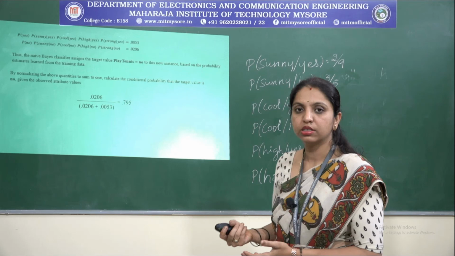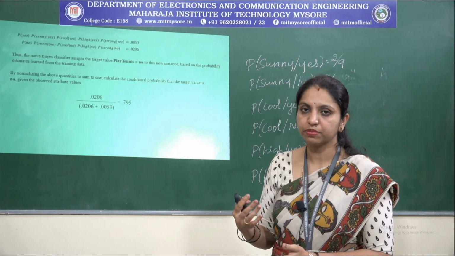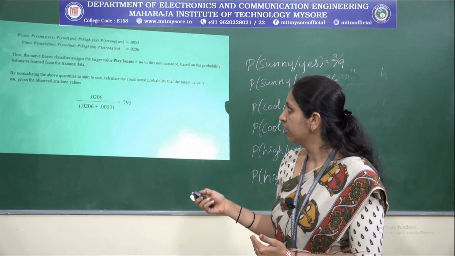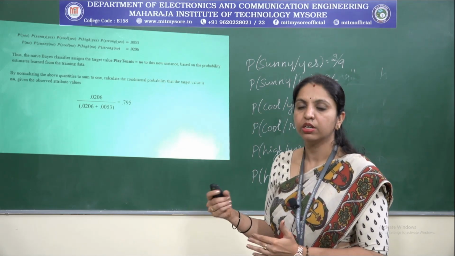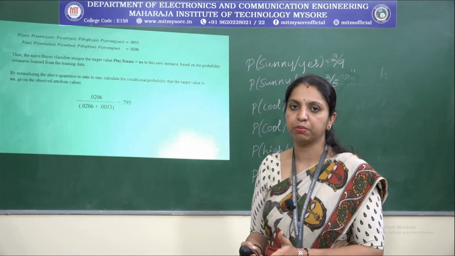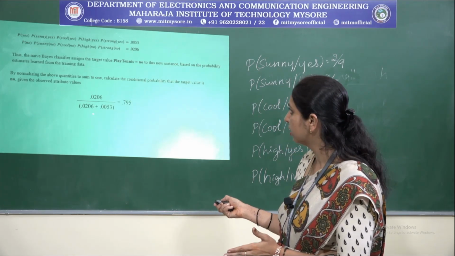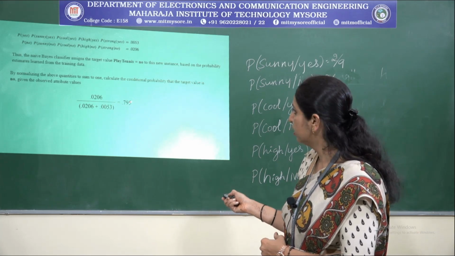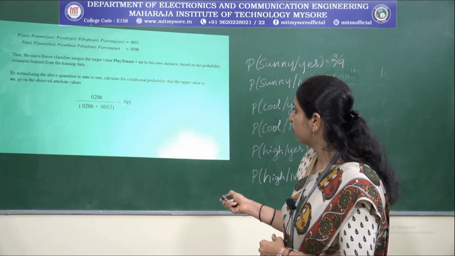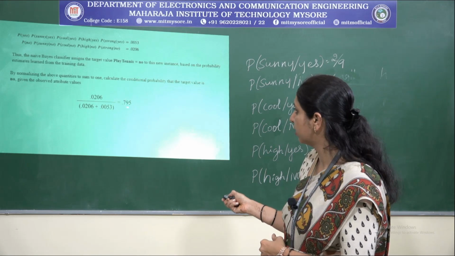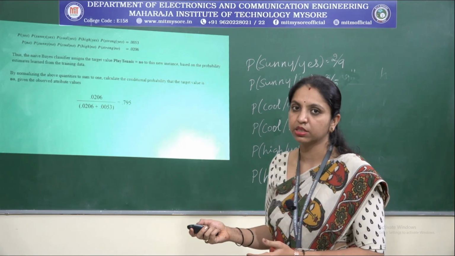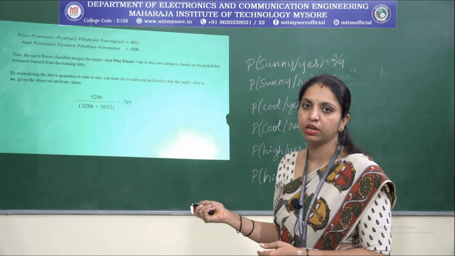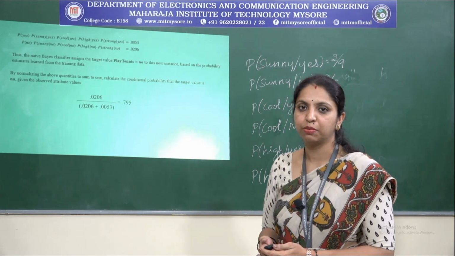This does not make much difference in the posterior probability, because it is common to both yes and no. Since it is independent of the hypothesis, sometimes we ignore this, but for normalization we can have this function. Finally, we get 0.795. So based on this data, we can assign the target value for the new instance as no. This is one illustrative example based on the Bayes classifier.